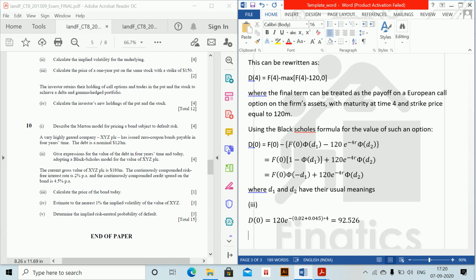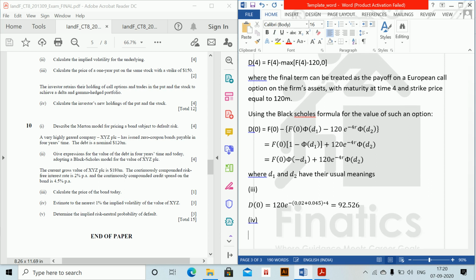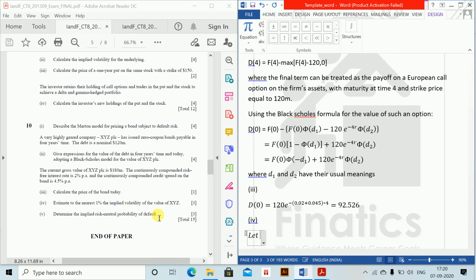Okay, and now part 4, which is: let E_t be the implied volatility. We have to calculate the volatility.